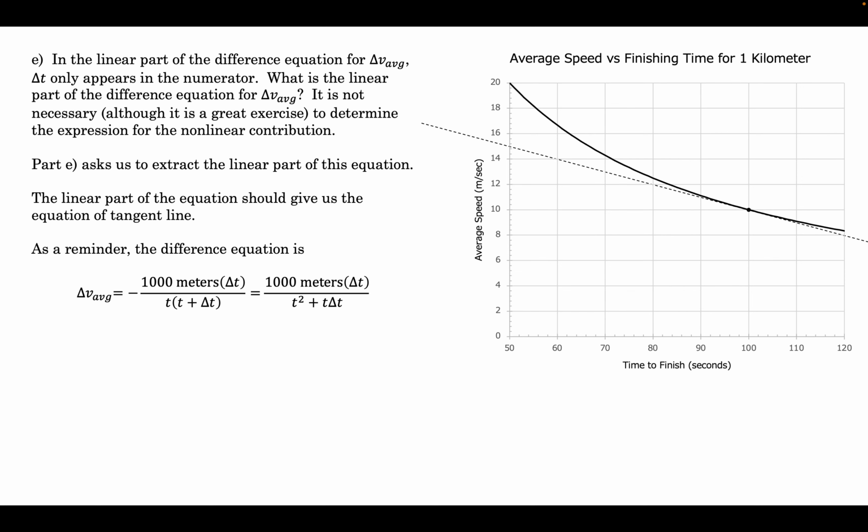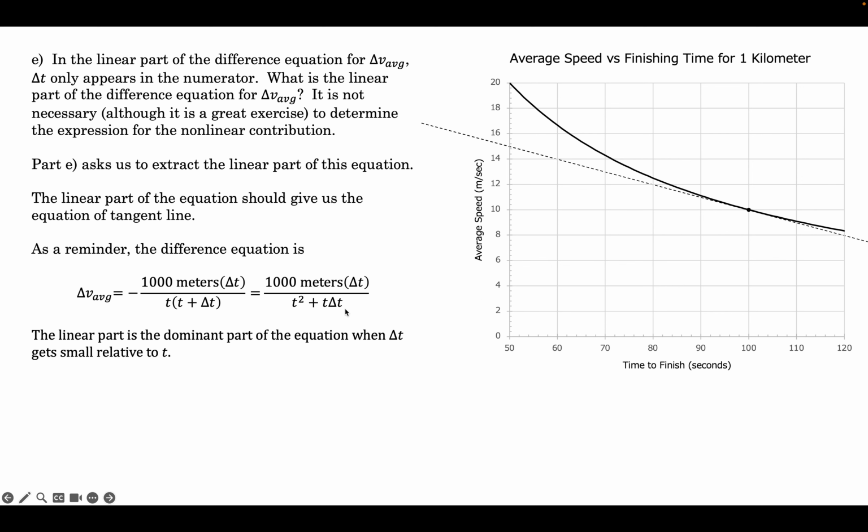So here's the difference equation. What's the linear part? It's pretty straightforward if you've done this a gazillion times. In the denominator, we have t squared plus t delta t. We're trying to get the linear part. The linear part is the dominant part when delta t is small, because we want the equation of the tangent line. So delta t, the run here, is very small because we're effectively looking at a point.